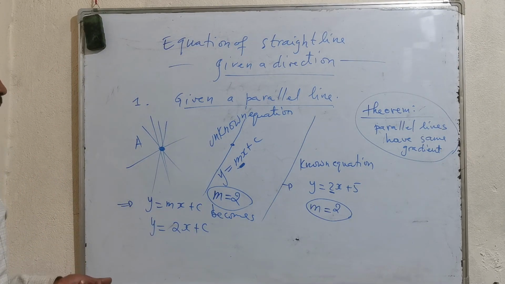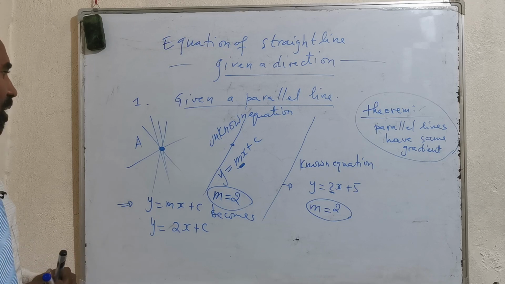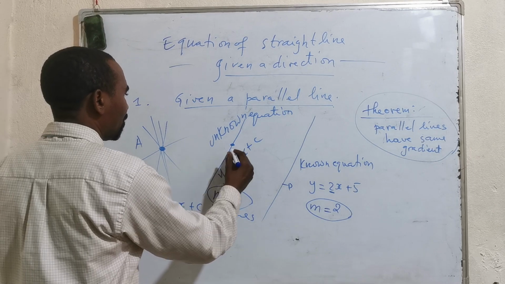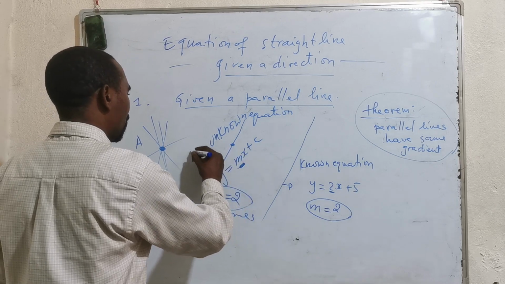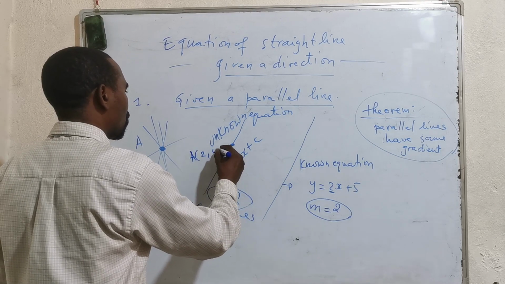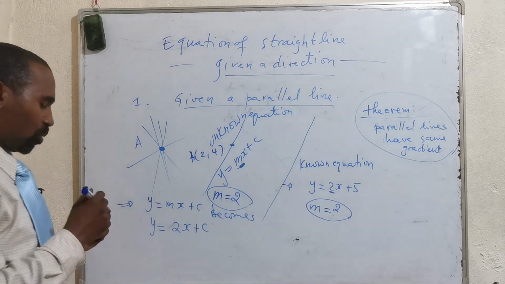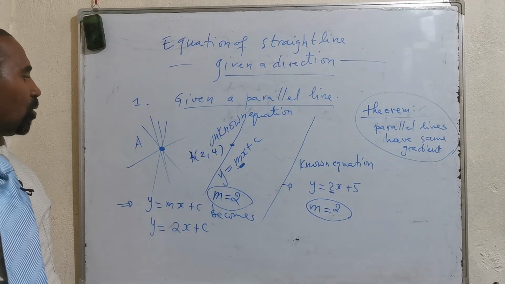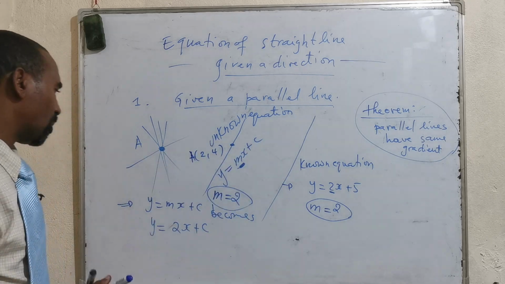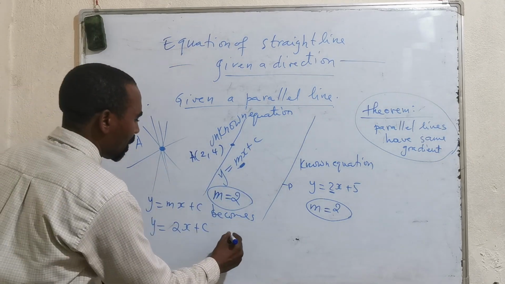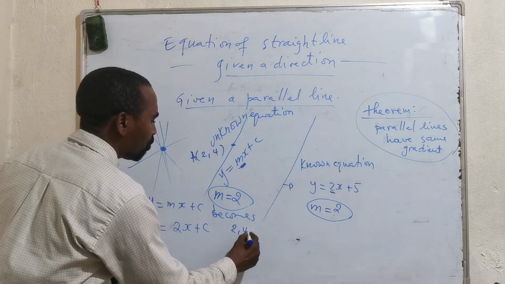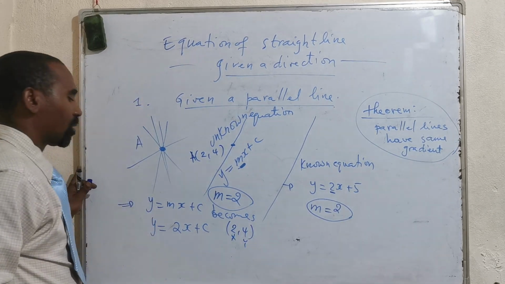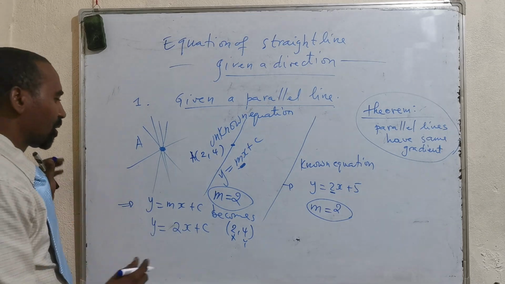How do we find the constant term? Let's say that the given point A has the coordinates (2, 4). We write the equation which passes through the point (2, 4) and is parallel to that one. I use this point to get the constant term.